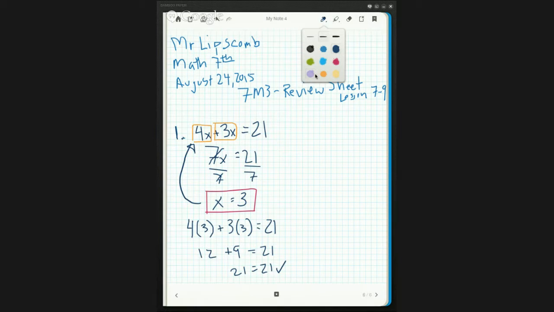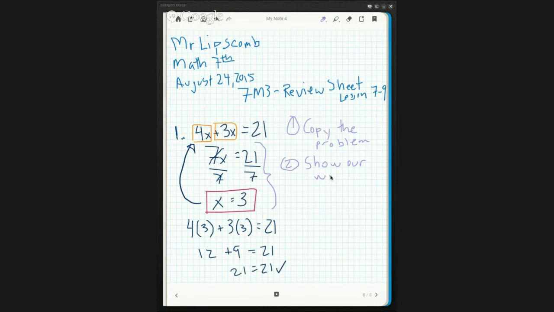Okay, so let's review what we did here. We'll write it over here in purple. Step 1 is to copy the problem. Step 2 is to show our work.